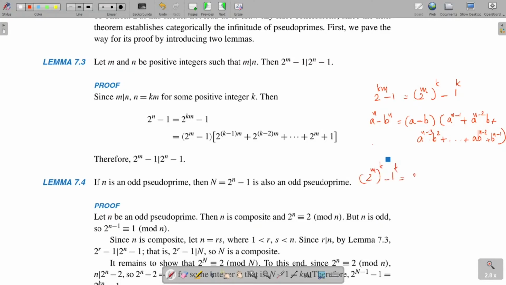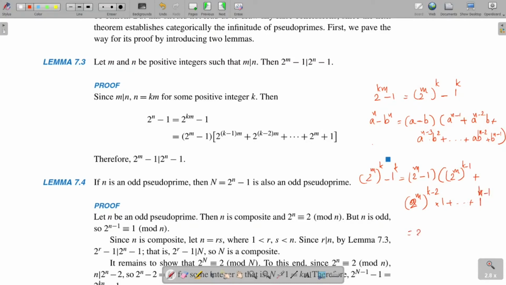as a minus b, that is 2^m minus 1, into a^(n-1), where a is 2^m, raised to n minus 1, that is here k minus 1, okay, plus the second term a^(n-2), where a is 2^m, raised to k minus 2, into b, where b is 1, plus etc. plus b^(n-1), b is 1, so 1 raised to k minus 1.